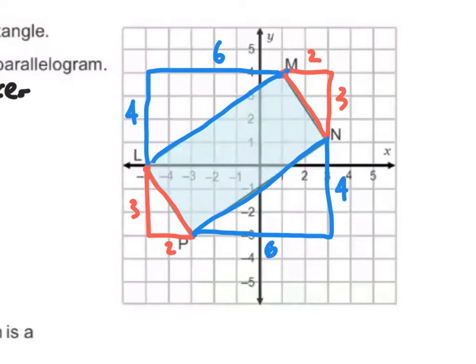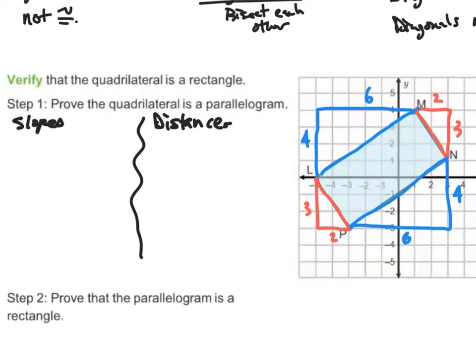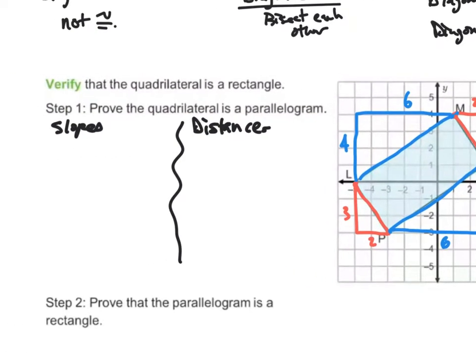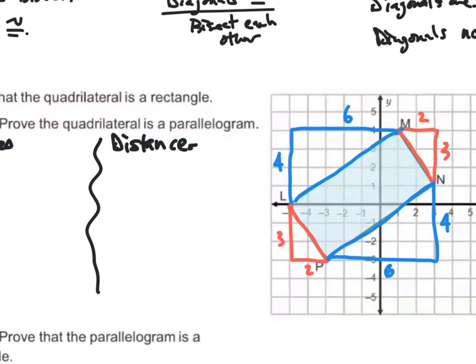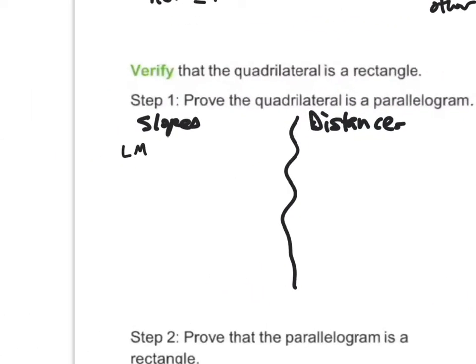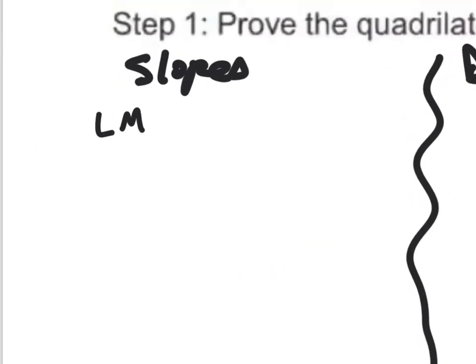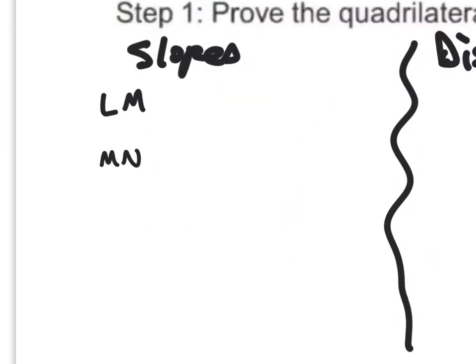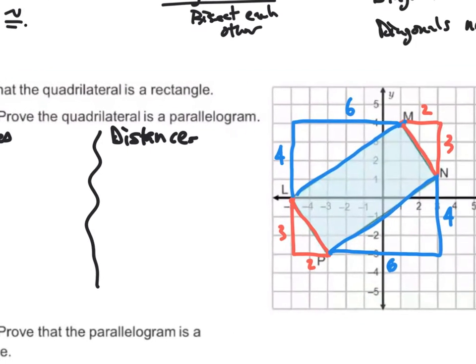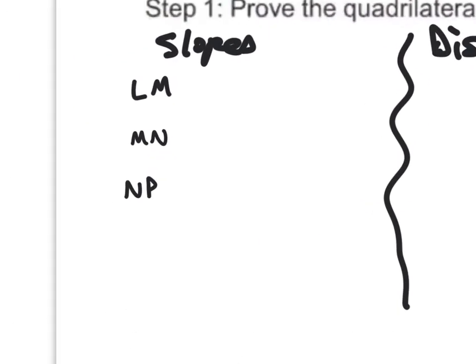What I want to do now is show the slopes. So we've got LM, MN, NP, and then PL.